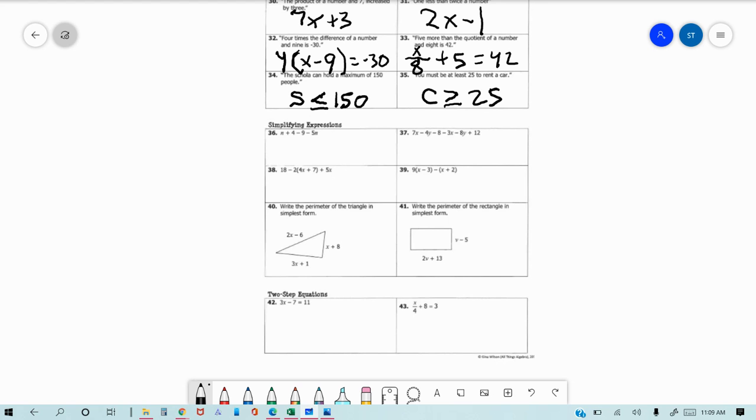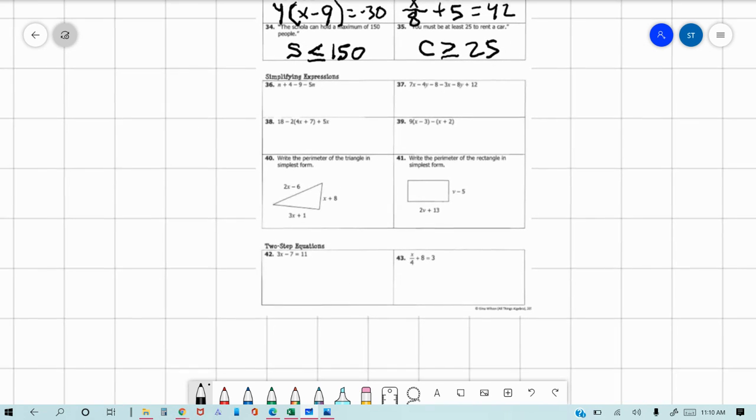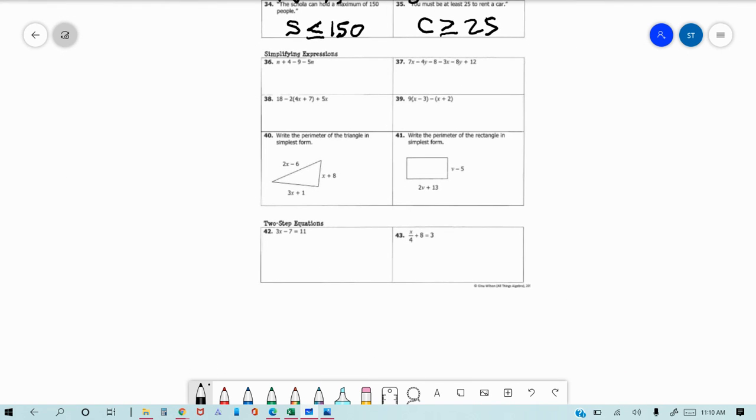Okay? All right. Simplifying expressions. Basically, we are taking this and putting it together. And then we're taking this and this and putting it together. We did this. So we're taking our numbers and we're putting them apart from our numbers with our letters, okay?